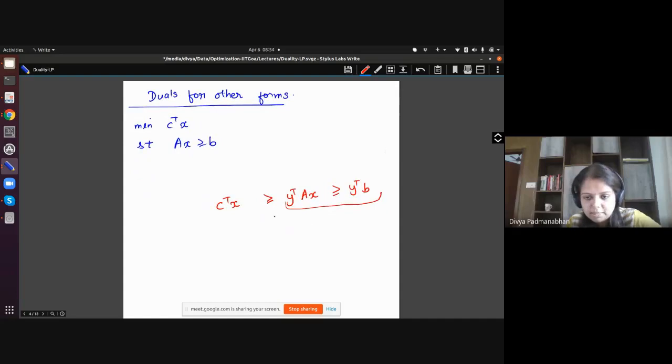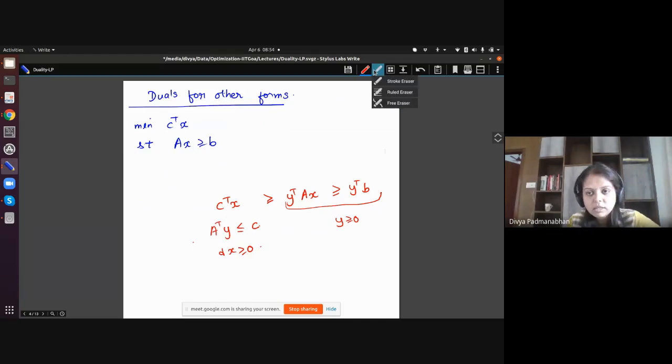There are two parts to this. Ax greater than or equal to b, that's given to you. So from this you want y's to be greater than 0, so that this is maintained. Now on this side, this will be maintained if A transpose y is less than c, and x greater than or equal to 0. But now you don't have x greater than or equal to 0 from the original problem.